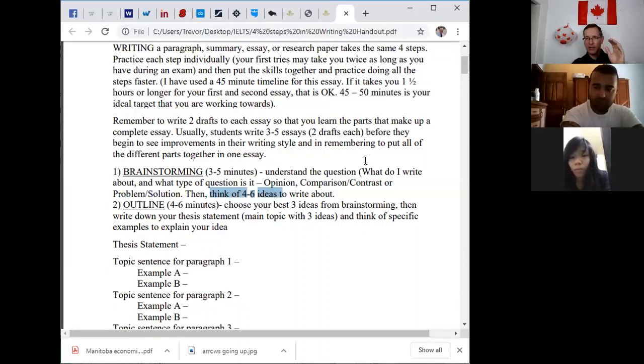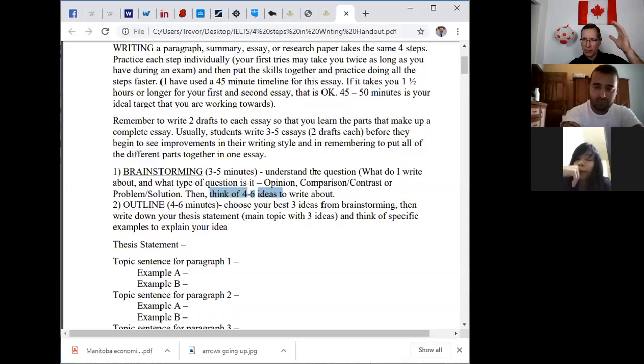Then instead of writing the whole essay, go to a new topic, think of the ideas, think about how to organize it. That kind of structure will help you get practice in thinking of ideas. And I have a homework sheet that I'll send you that you can be working on with that.